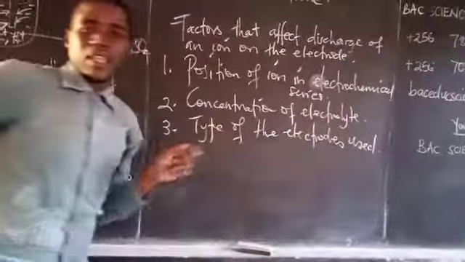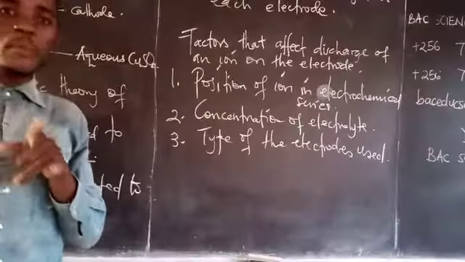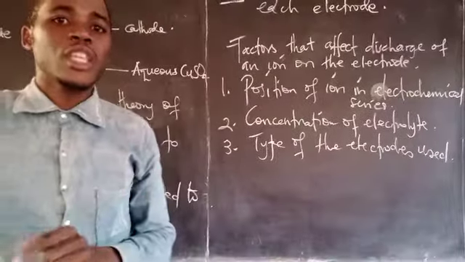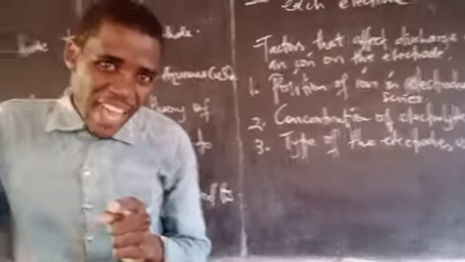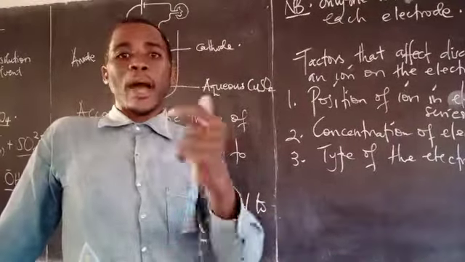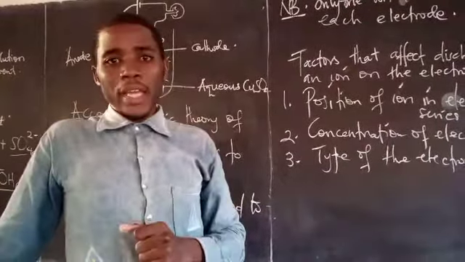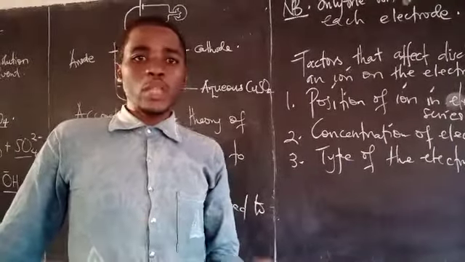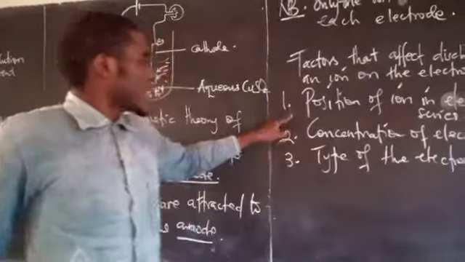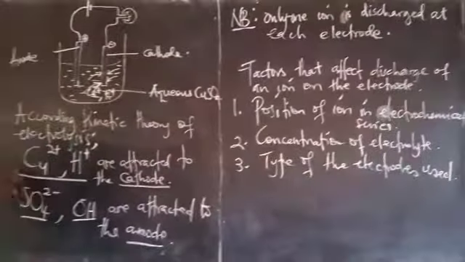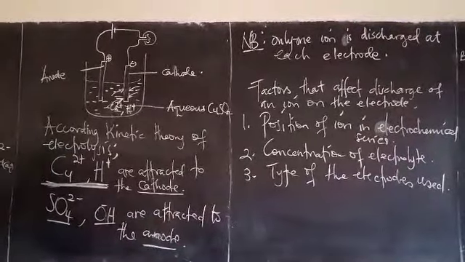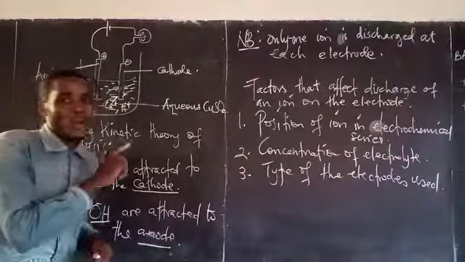You will realize that in our previous experiments, we have always used graphite, and we have not used iron, for example, because iron is reactive. You cannot use copper in some cases unless you want specific products. So these are the three factors that such a scenario will be based on to be solved. We shall use them one by one.